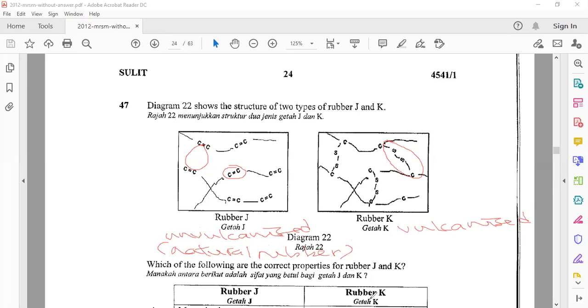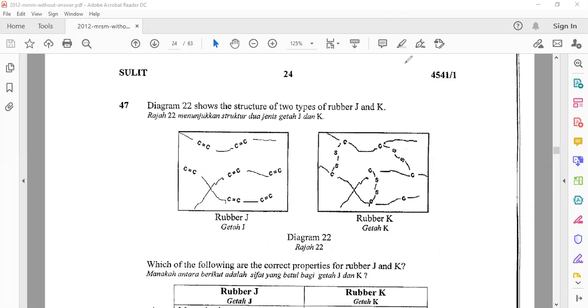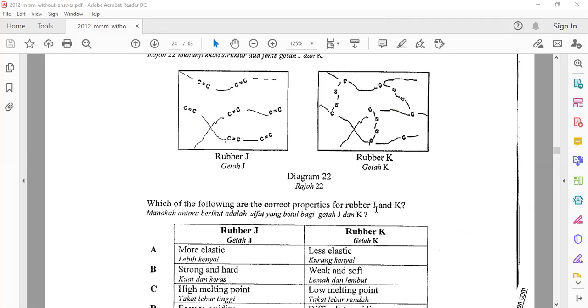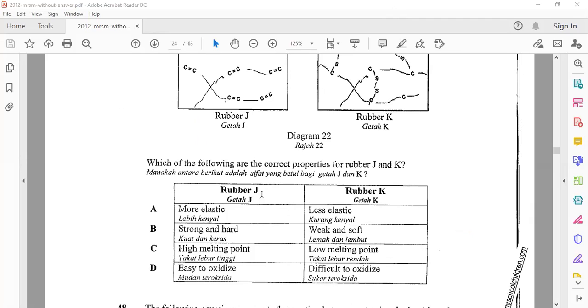So this question requires you to compare the properties of the vulcanized rubber and the unvulcanized rubber. Of course, the unvulcanized rubber is less elastic. That's why this is wrong.